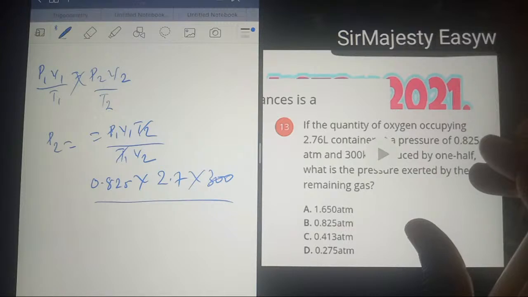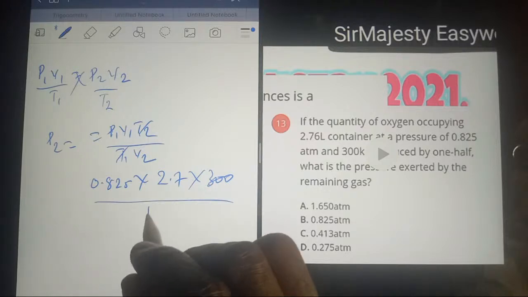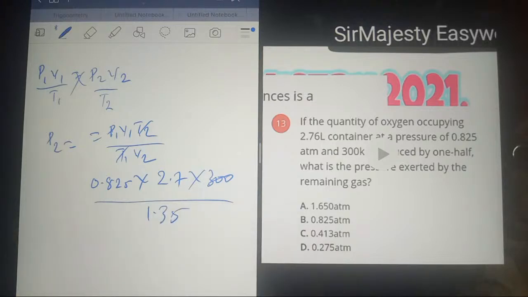Half of 2.7 is 1.35, so 0.825 times 2.7, then divide by 1.35.